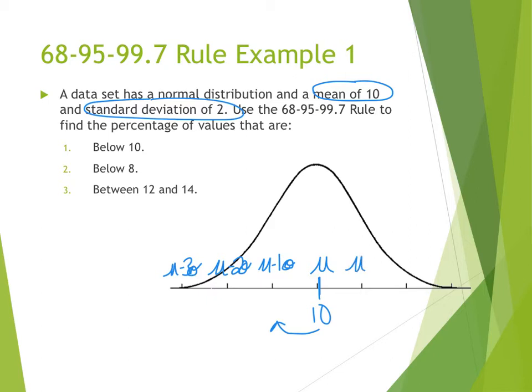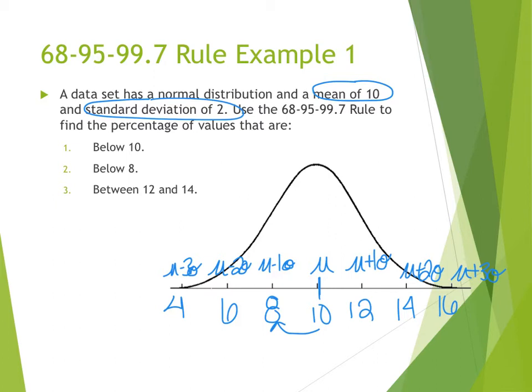So we're going to do mu, or our mean, plus 1 standard deviation, the mean plus 2 standard deviations, the mean plus 3 standard deviations. So I'm simply subtracting when I'm moving down and adding when I'm moving up. So if I do 10 minus 2, I get 8. If I just subtract 2 again, 6, 4. When I'm moving up, I'm going to add, so 12, 14, 16.